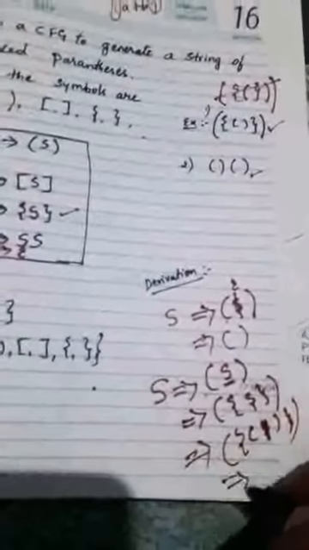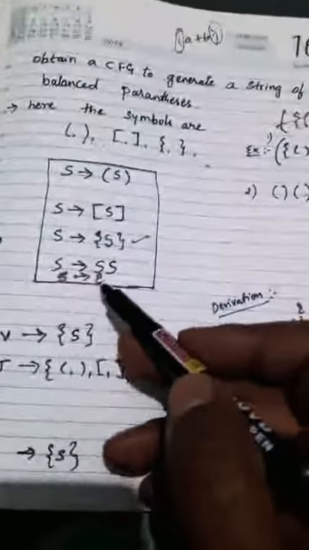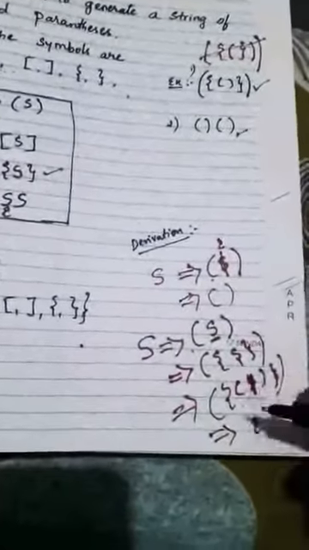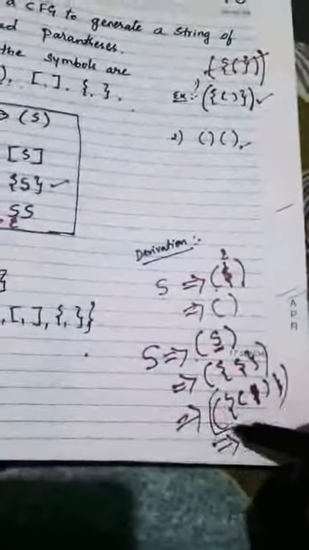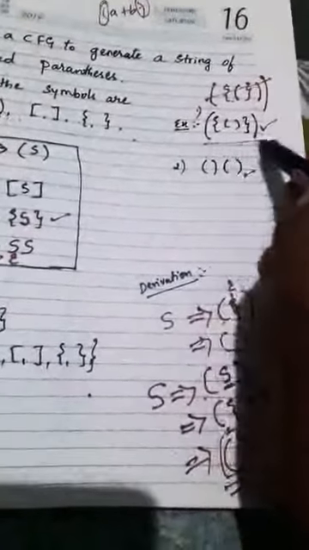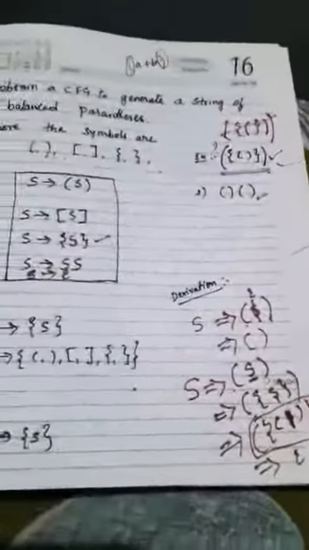Now if you replace S with epsilon, that is the last production, what do I get? I will get this string, which is the same as the first string.